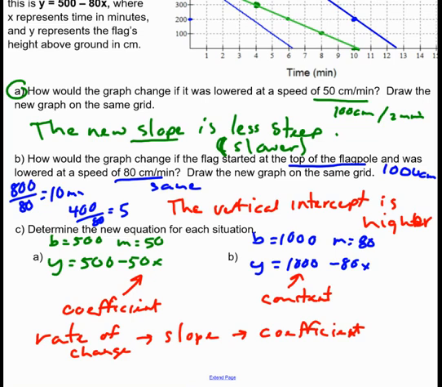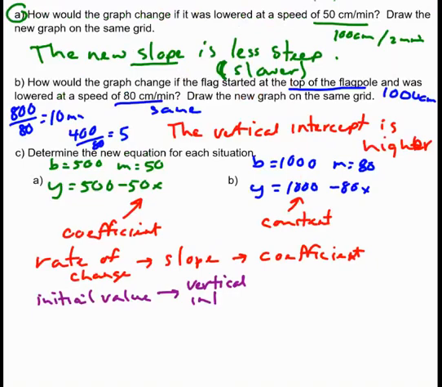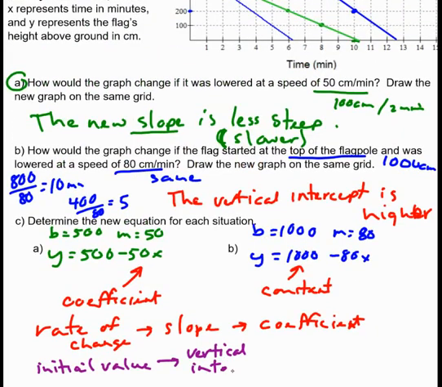Whereas the initial value tells us the vertical intercept, and it's a constant, meaning no matter how much time passed, we always started at that same point. All right, so that's good. Good terminology there. All right, next.